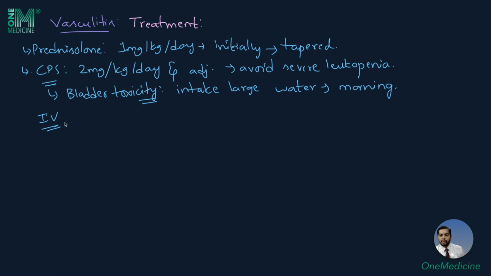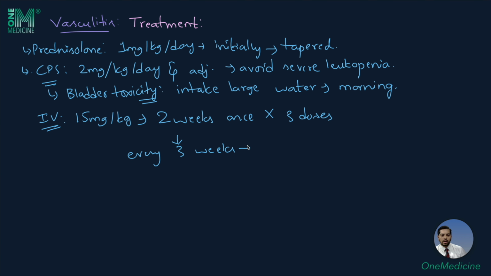IV cyclophosphamide is given in the dosing of 15 milligram per kg every 2 weeks for 3 doses, and following that every 3 weeks until symptom resolution.